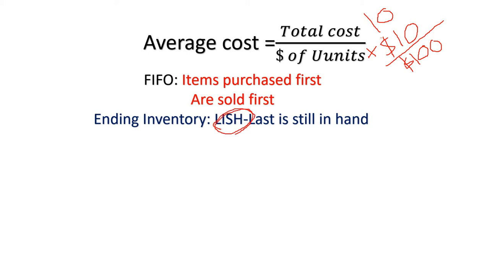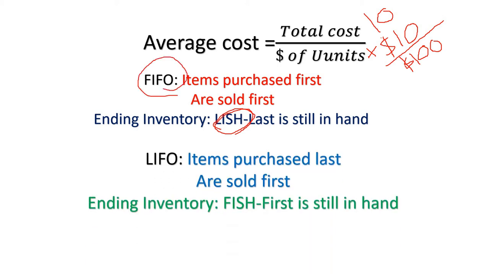So the cost of the last units purchased would be the cost of ending inventory under the first in, first out method. And under last in, first out, LIFO, items purchased last are usually sold first. So the cost of ending inventory would be FISH: first is still in hand.